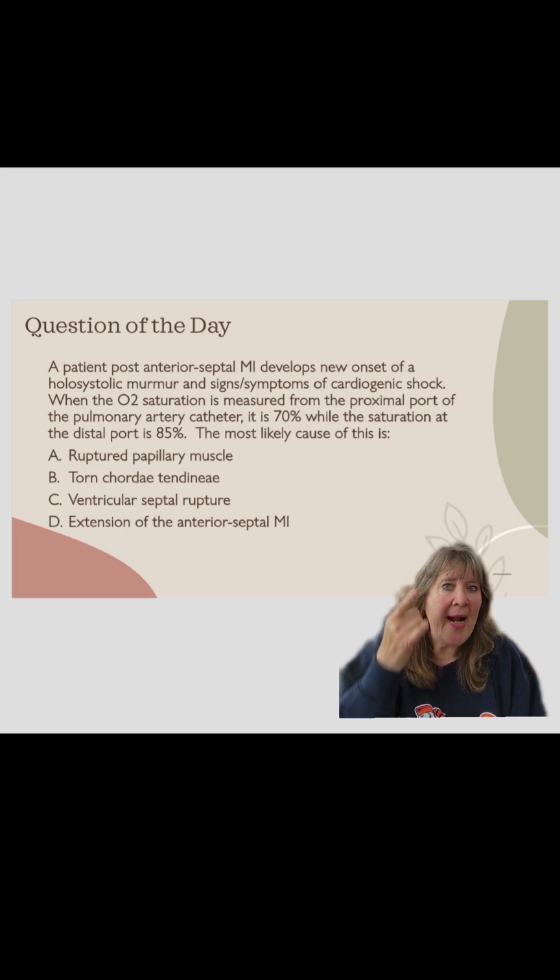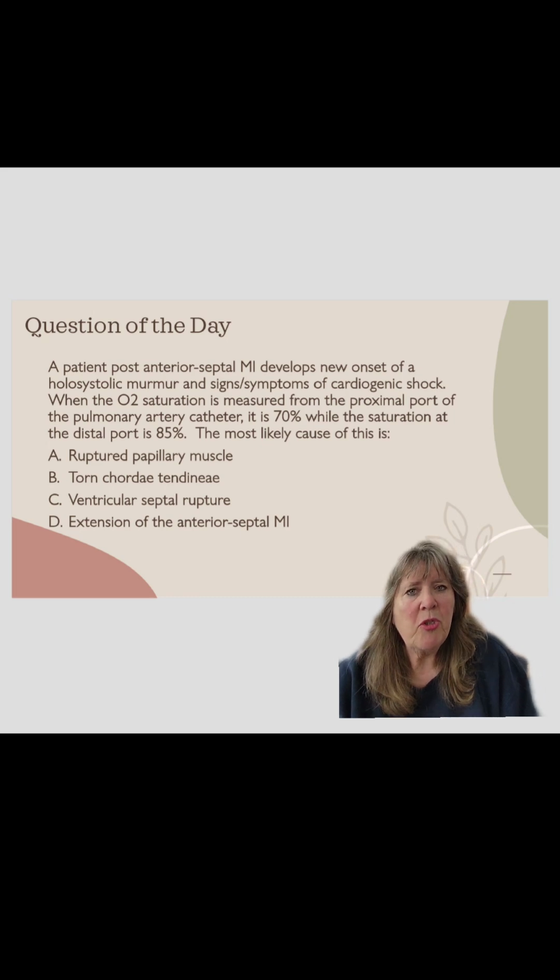That's why in the right atrium, we got a pretty normal venous saturation of 70-ish%, but yet at the pulmonary artery catheter tip, which is the distal port, we find it to really have quite a step up in oxygenation into the mid-80s. So that is oxygenated blood shifting from left to right across a hole in the septum. So ventricular septal rupture would be your answer here.